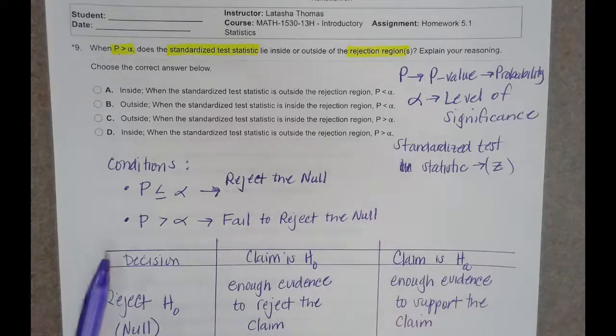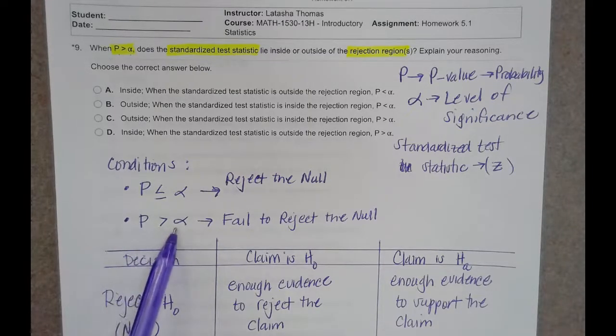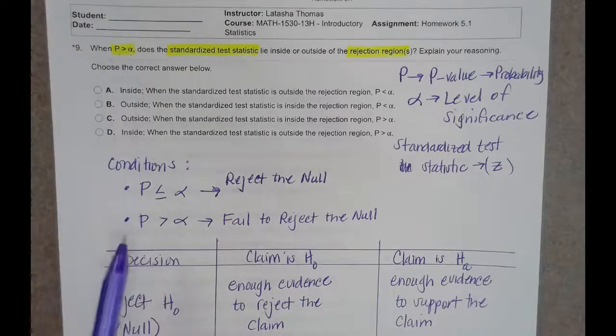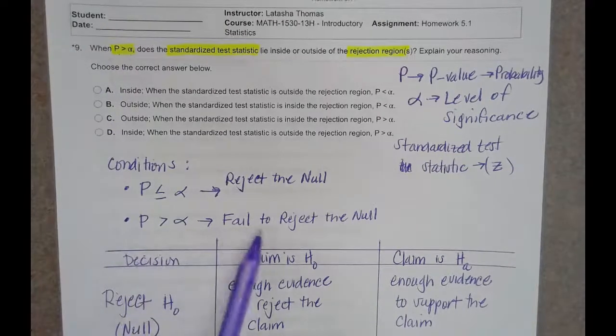So we know here that when P is greater than alpha, which is what our problem is saying, we fail to reject the null. The answer here, so we don't just go from what the answer is and let's talk about why.